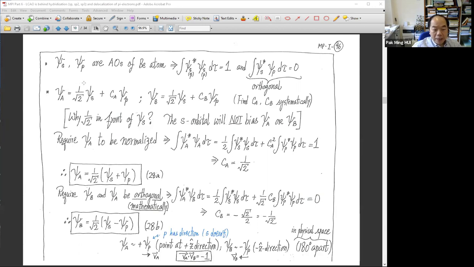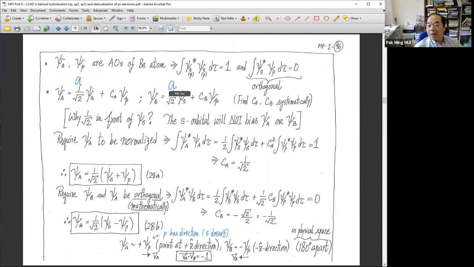Let's start. Beryllium. We have 1s, 2s, and then 2p atomic states. The linear combination should be, formally, I have A, and I have another coefficient A here.